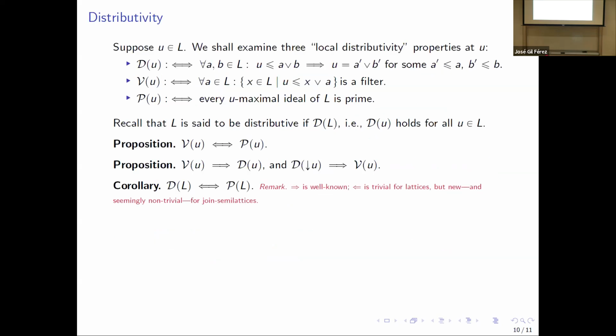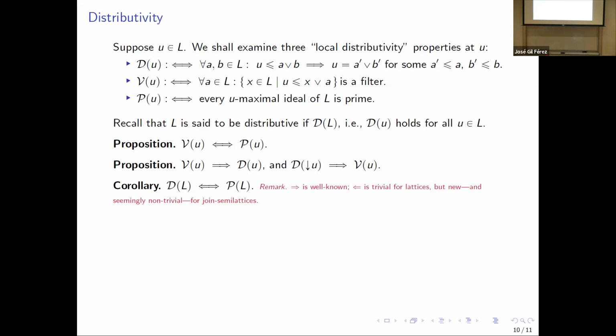Let's now talk about distributivity. We can define several forms of distributivity at an element. If the distributivity that I described at the beginning of the lecture is true at an element, if every finite cover has an exact subcover, then I say that U has property D. We call this a conductor, right?